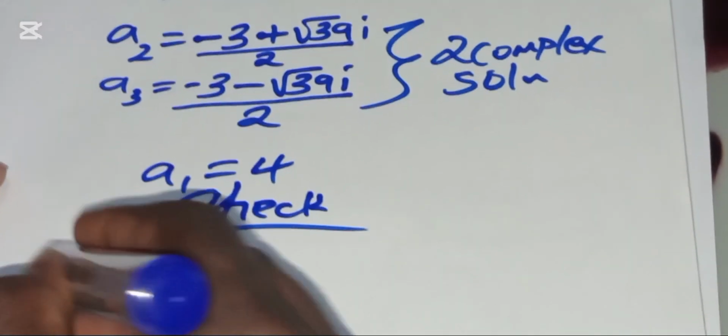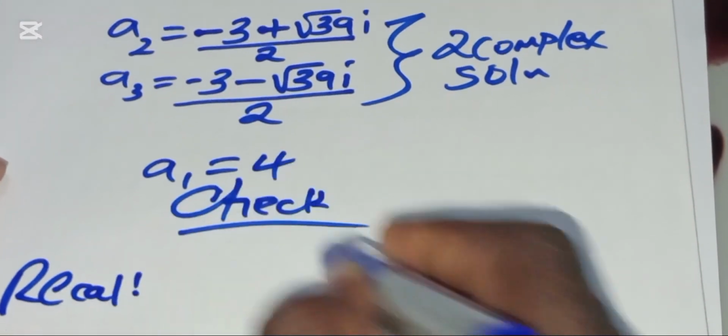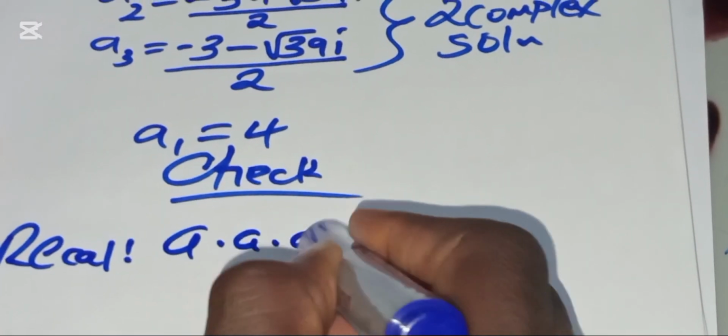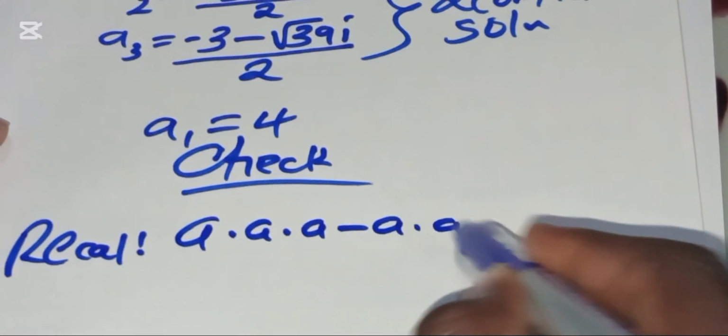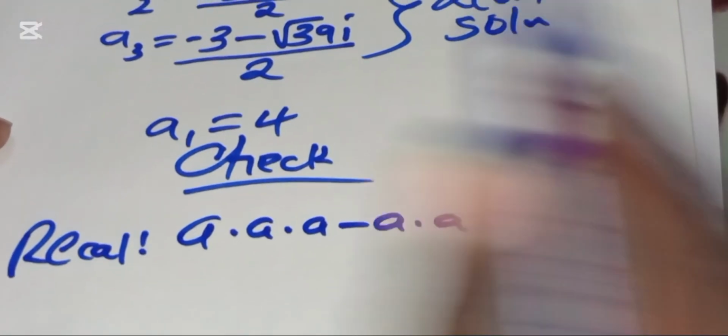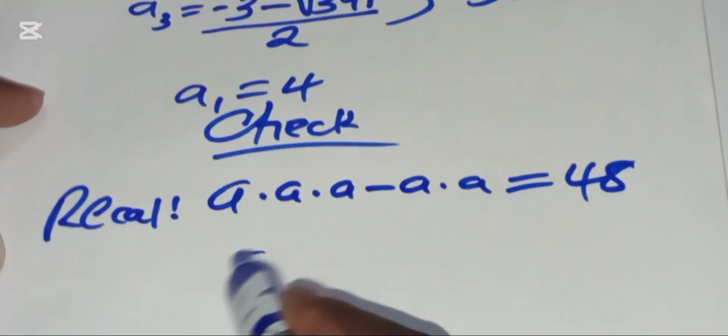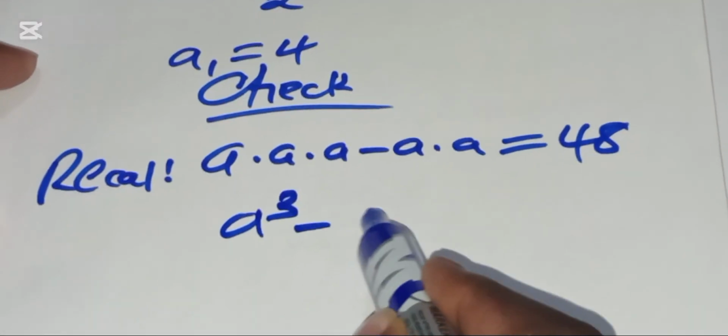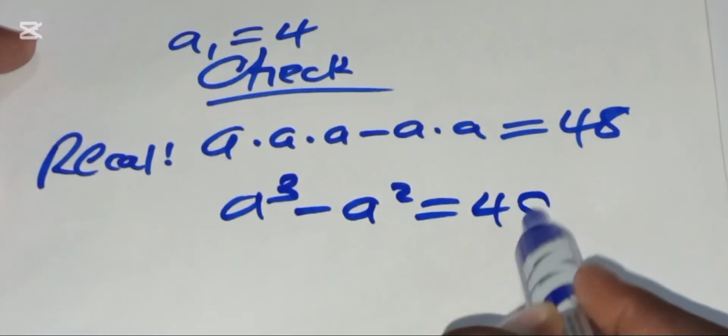As you might recall, a times a times a, subtract a times a, which is the same thing as a cubed minus a squared, should give us a value of 48.